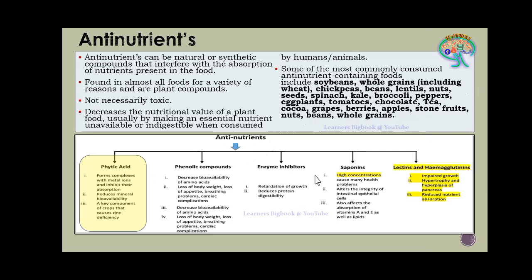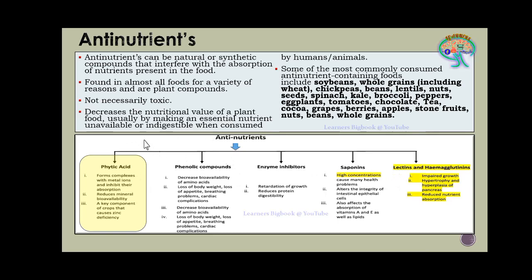Now these are the four kinds of anti-nutrients, which have their specific features of making the essential nutrient unavailable or leading to indigestion within the animal gut or human gut.